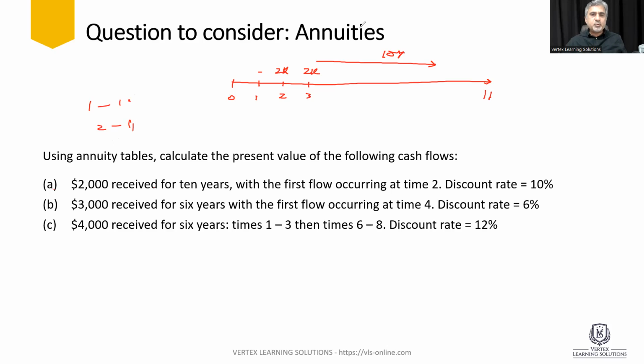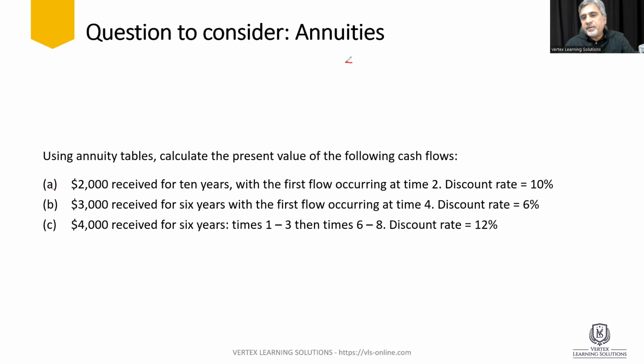Now, what you need to do here, when you go to the annuity table, and if you remember, I showed you the annuity table, you will have here 10%, and year 1, year 2, year 3, year 4, year 5, and year 11. The number which you receive here in year 11 is the sum total of all these 11 years.